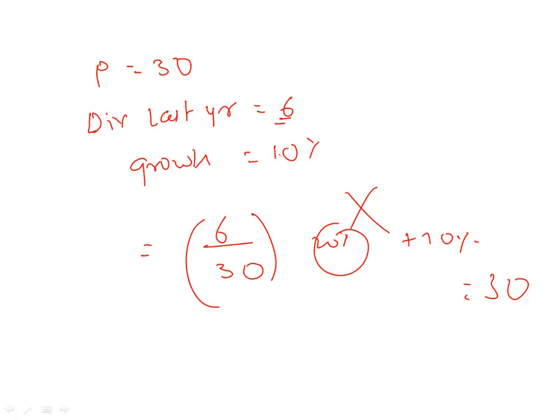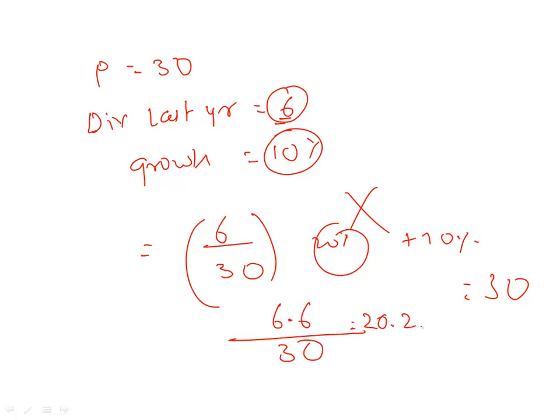So you would find out what the dividend is for the coming year. So 6 plus 10%, the dividend for the coming year, would be 6.6 divided by 30, which would be 22%. So your dividend yield is 22% plus this 10%, it would be 32%. I'm assuming that you're clear with this.